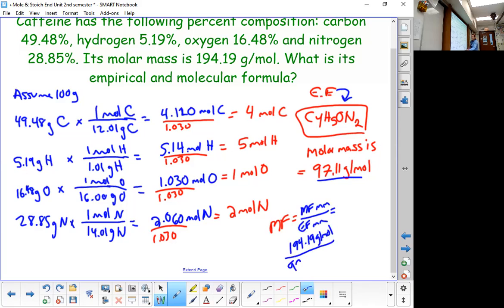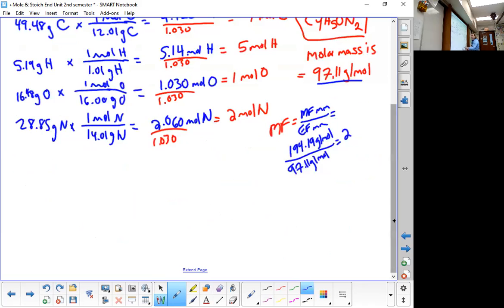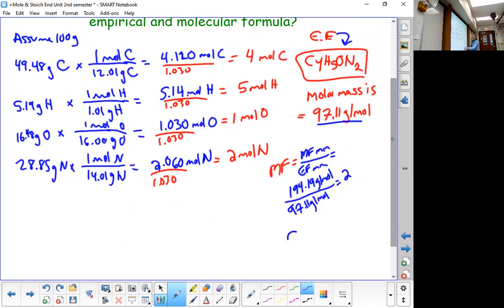If we put that over the 97.11 grams per mole, we're going to get 2, really close, 1.999, so 2. And so the molecular formula is going to be 2 times the empirical formula, so we're going to get C8H10O2N4, and that's all of the atoms in this compound. Okay.